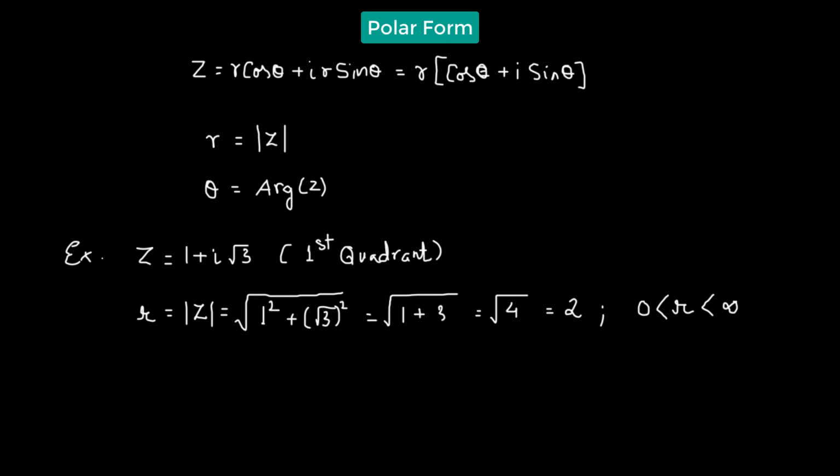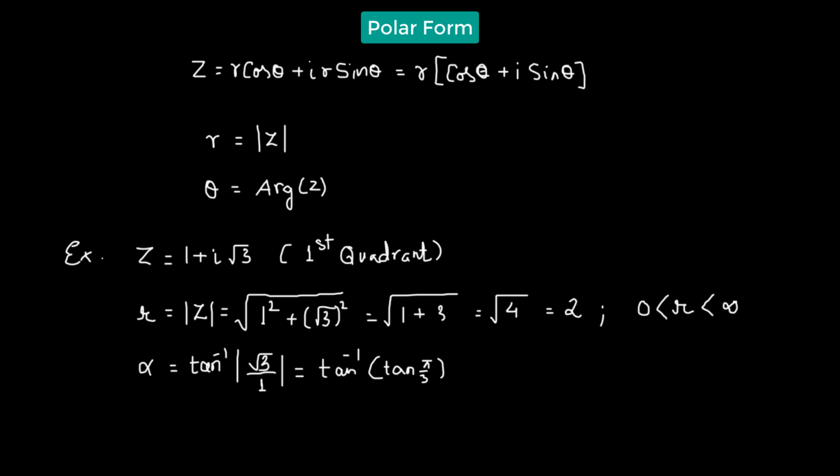So now that we have the value of the radius, let's try to find out the argument. For finding out the argument, first we have to determine the acute angle alpha, which is simply equal to the tangent inverse of the imaginary part, which is root 3, divided by the real part, which is 1. So we have tangent inverse of root 3. And we know that the tangent of 60 degrees, which is pi over 3, has the value of root 3.